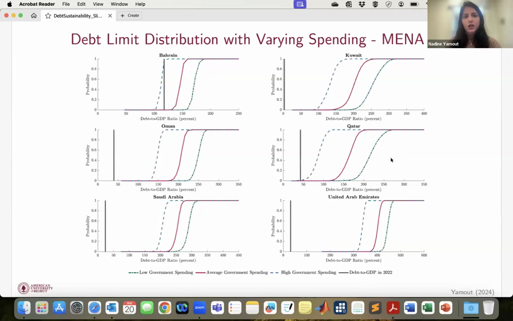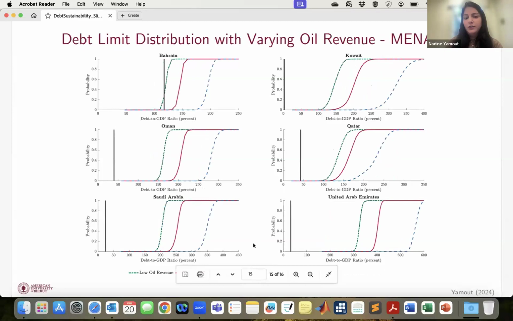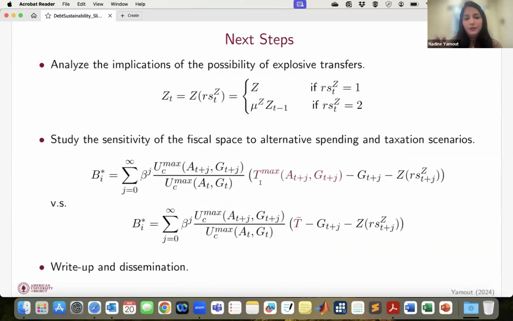And for oil economies, we can also think of how the debt limit will vary with oil revenues. When you have more revenues, you have more flexibility in terms of spending. This increases the limit of debt that you can sustain. However, lower oil revenues due to outside factors or foreign shocks could negatively impact your debt limit.